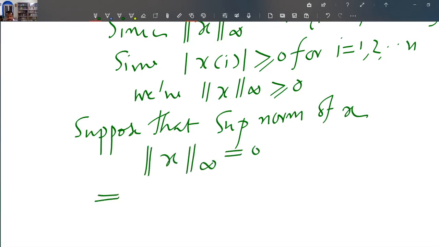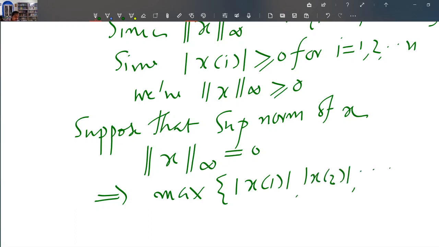By definition, this implies the maximum of modulus of x of 1, modulus of x of 2, etc., modulus of x of n is equal to 0. You know all these things are non-negative, and the maximum is equal to 0.